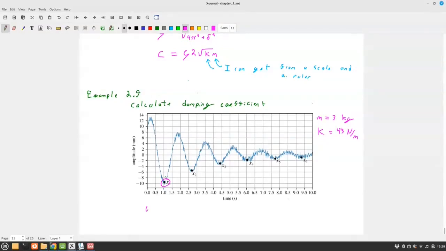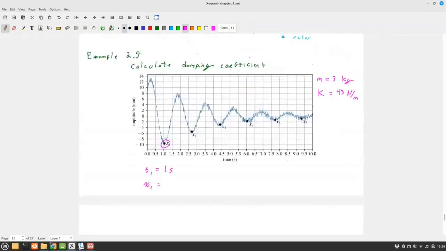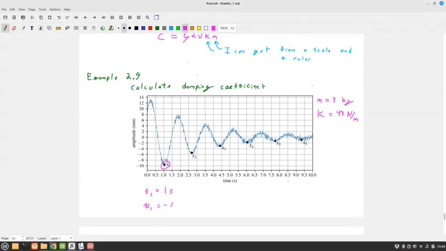Let's say t1 is equal to 1 second, and x1 is equal to maybe negative, it's not quite 10, right? So let's say negative 9.5 millimeters.